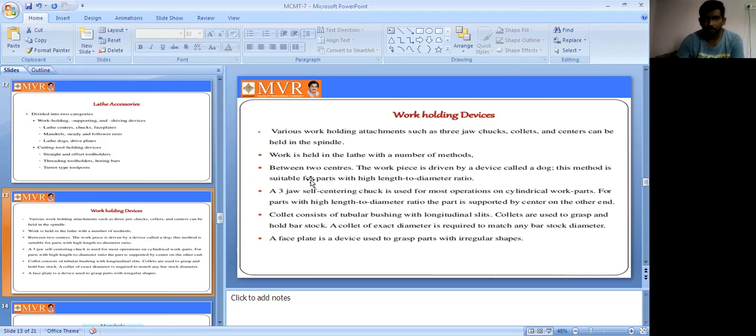The collet consists of a tubular bushing with longitudinal slits. Collets are used to grab and hold bar stock work. A collet of exact diameter is required to match the bar stock diameter.